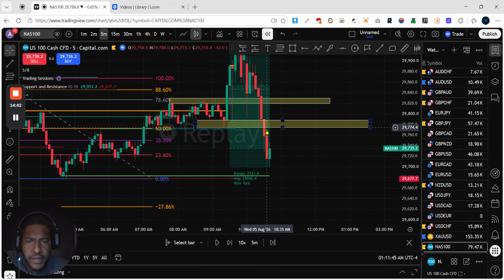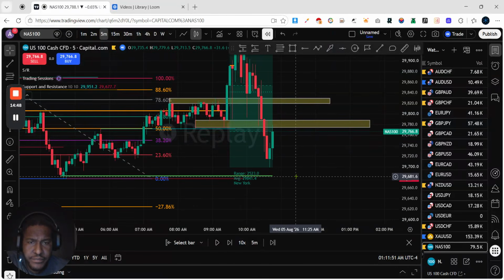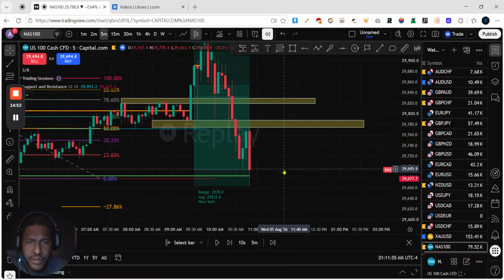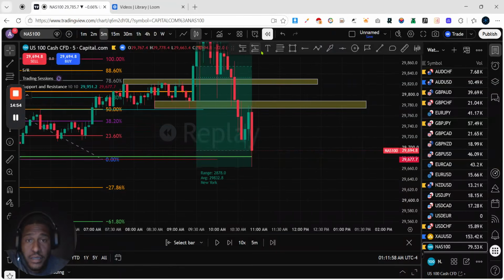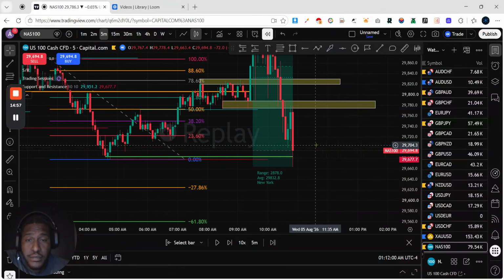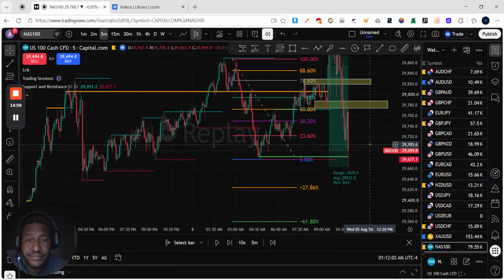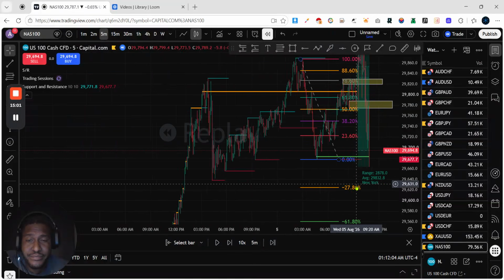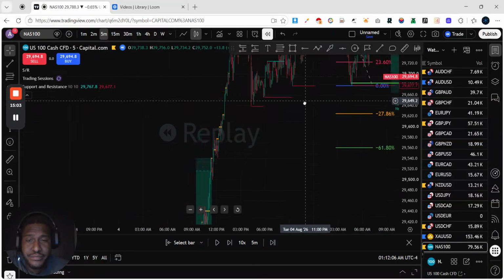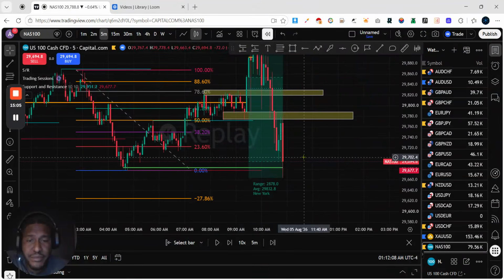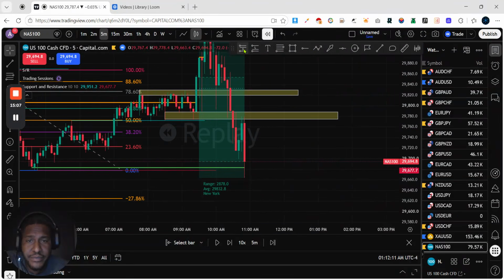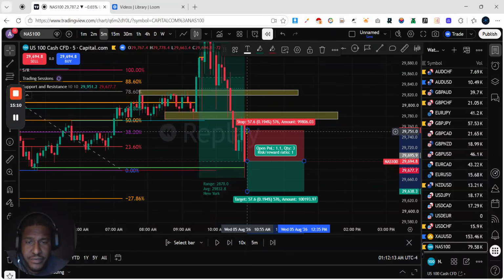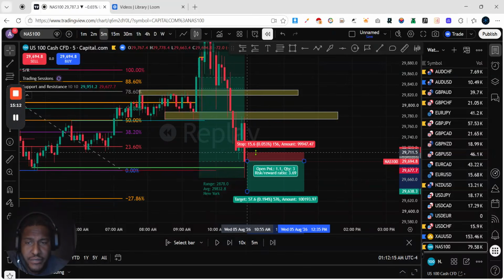All right, so here we got a rejection candle. We just straight going. We got our first green candle. All right, I'm gonna try to sell this thing. Let's see what happens. If I lose, this is what you call a red day.